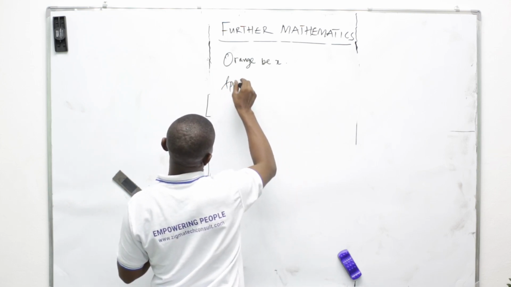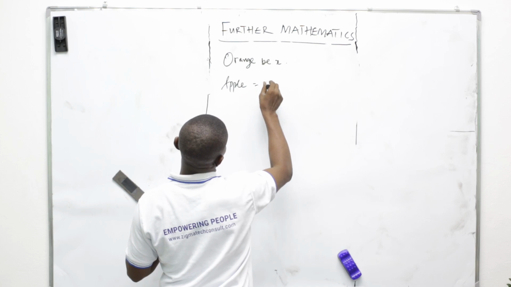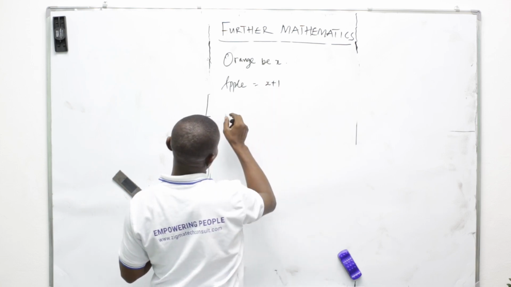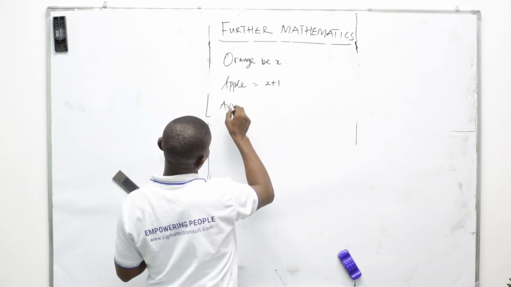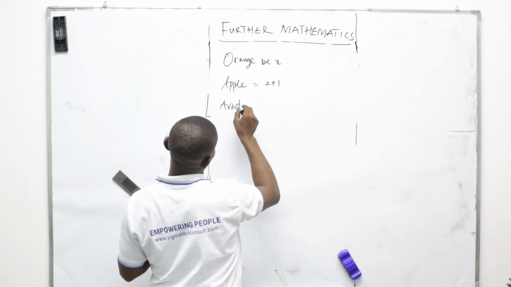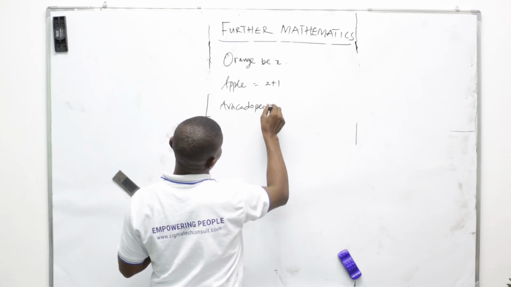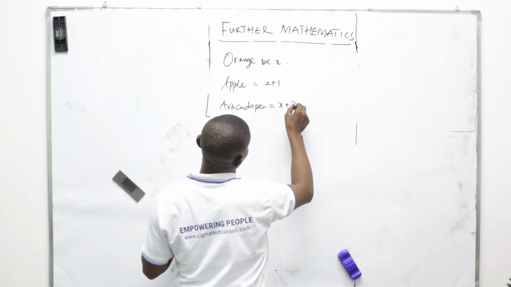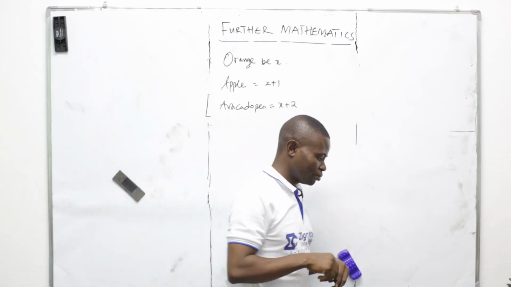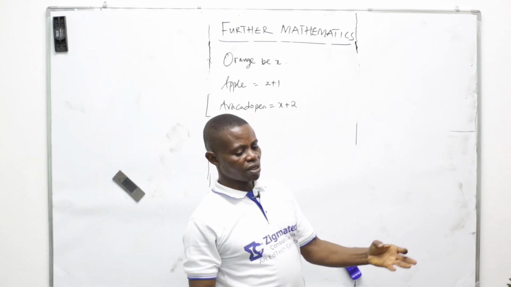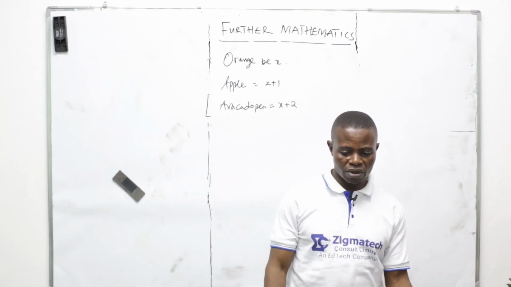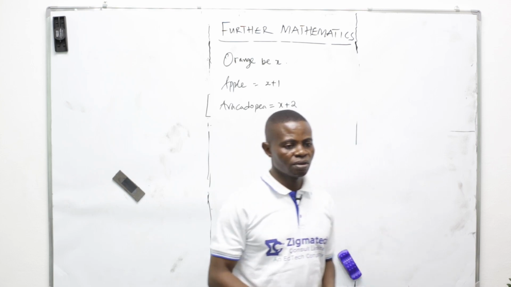Apple equals S plus 1. Avocado pear equals S plus 2. So we have X, S plus 1, S plus 2.